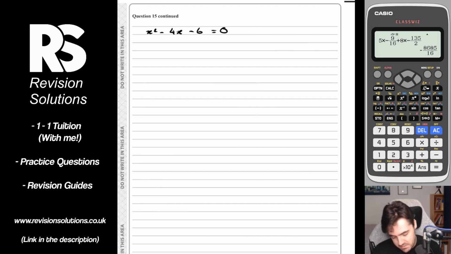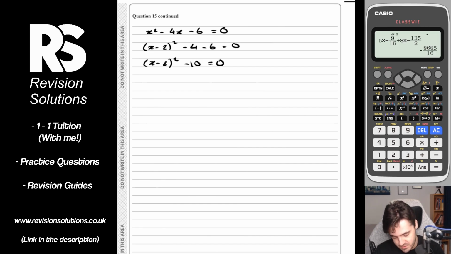And then to solve that, I'm going to complete the square. So let's do x minus 2, halving that middle coefficient. Square that. Then we're going to have to take away the 4 we'd get from minus 2 squared, and then put the minus 6 back in. So then we'd have x minus 2 squared minus 10 equals 0.